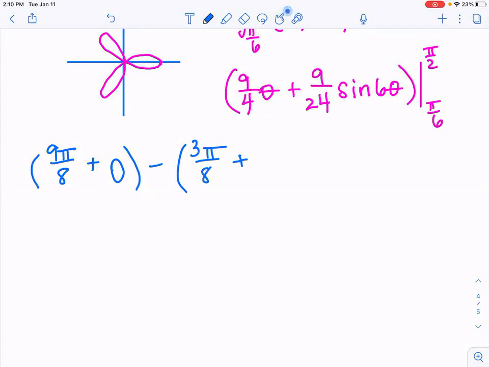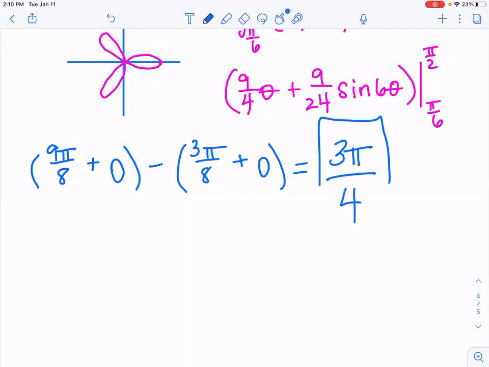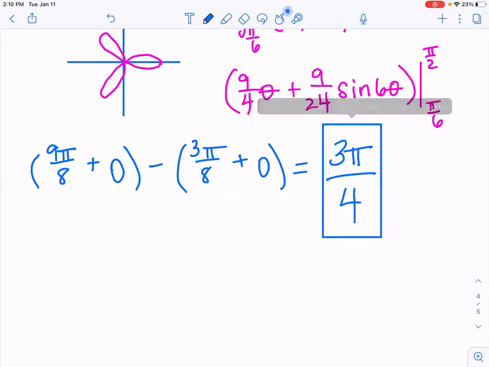The sine of pi is 0. What's 9 pi over 8 minus 3 pi over 8? Just 3 pi over 4. Yep. I didn't go 0 to pi over 6. Yep.